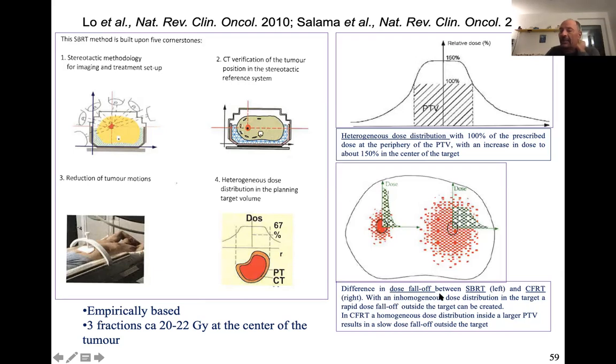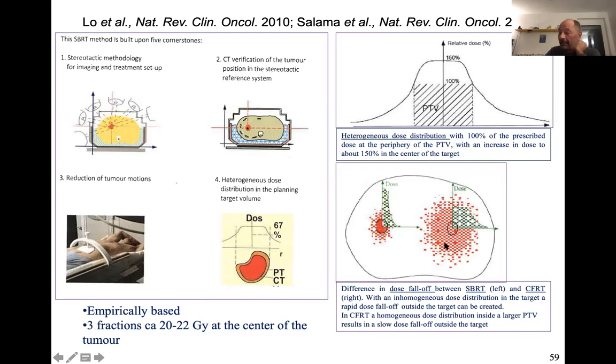You see, somehow the thing is shown here. This is the difference in dose fall off for SBRT, as shown here, and conformal radiotherapy, as shown here. So with an inhomogeneous dose distribution in the target, a rapid fall off outside the target can be created.